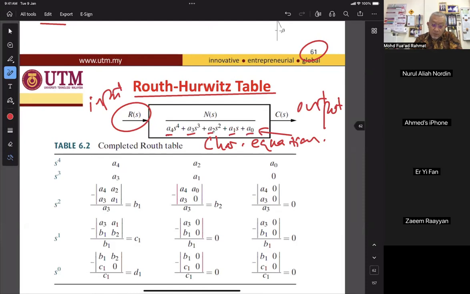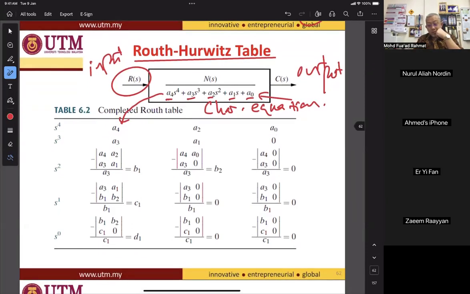These coefficients enter the Routh-Hurwitz table as shown in slide number 62, where we have A4, A3, A2, A1, A0, and 0. After that, we fill up all the empty spaces of the table using the formula shown in the table.